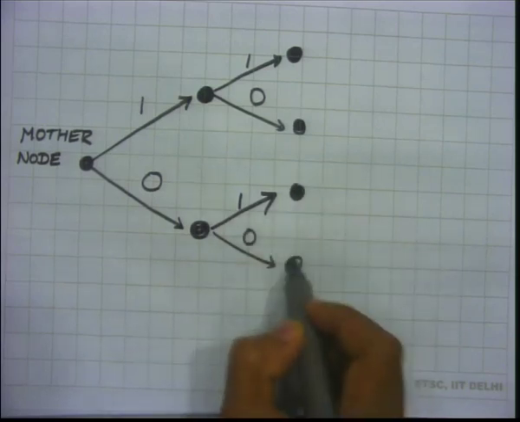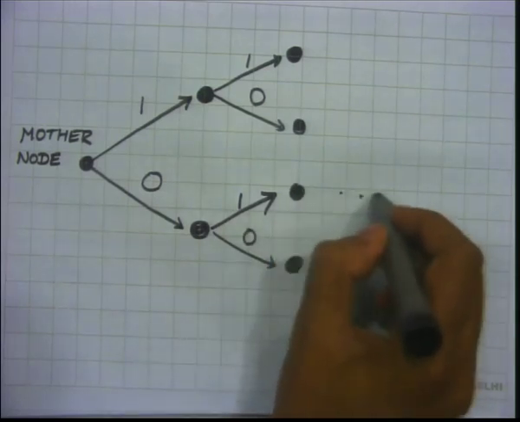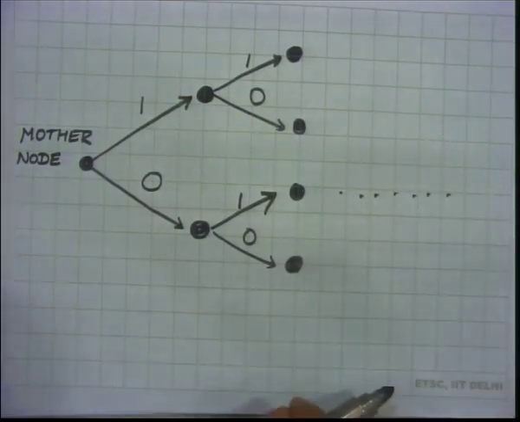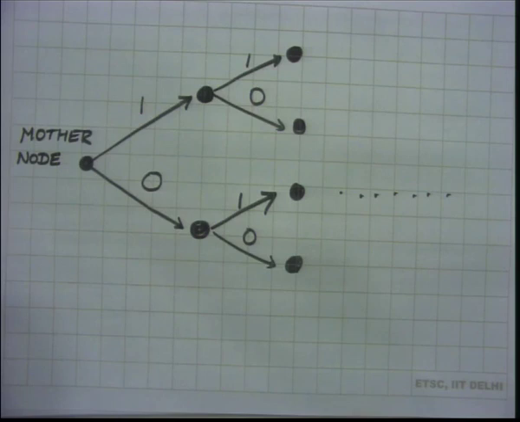So, this is a binary tree and it can go on forever. Right? So, there are always 2 branches emanating from a node of a binary tree.